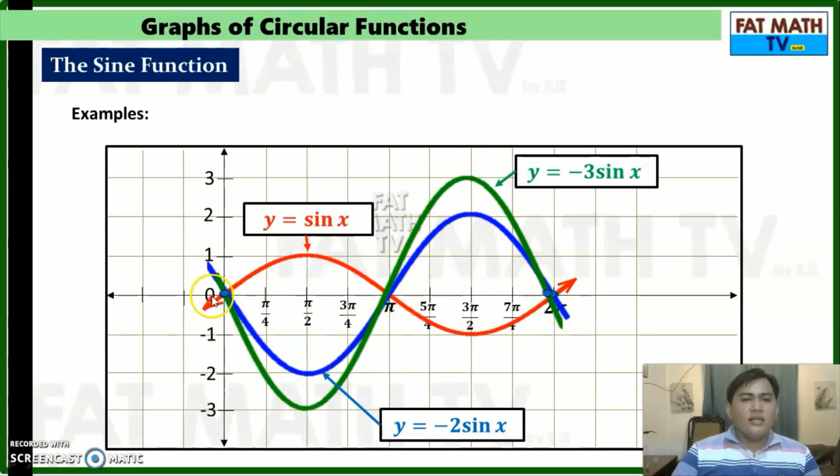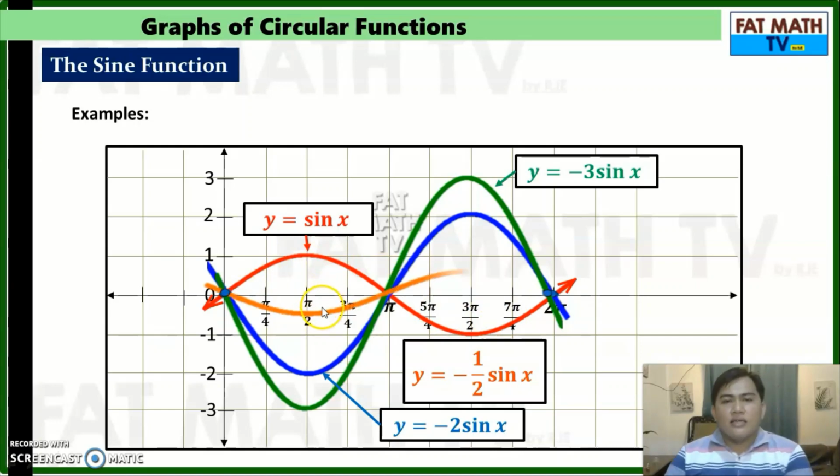There's also a vertical stretch. Okay, so that's y equals negative 2 sine x and y equals negative 3 sine x. So if there's a negative here, what change will it create? A vertical flip. And then if we have y equals negative 1/2 sine x, it's like you flip this red graph along the x-axis, and of course it's shrunk vertically as well. So the graph will look like this.